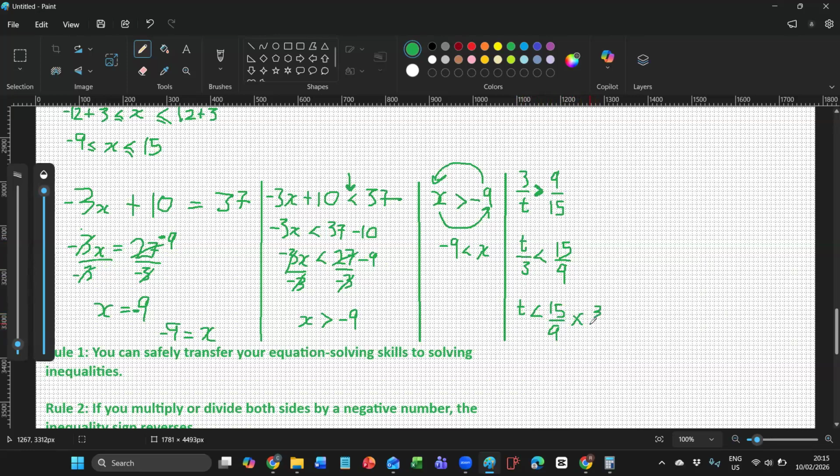Then you can now do your canceling and all that, and then 3 in itself is 1.